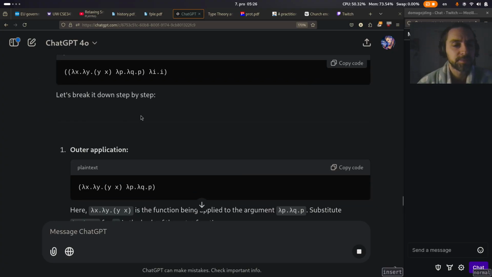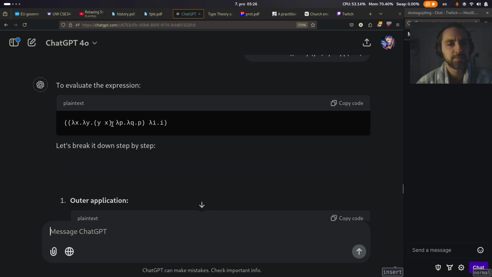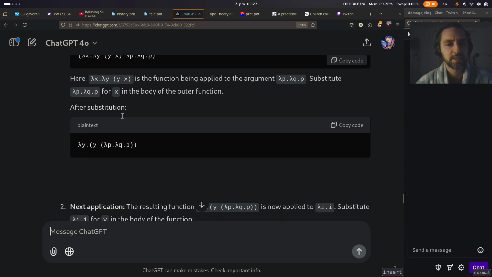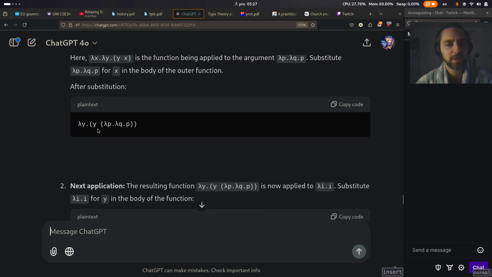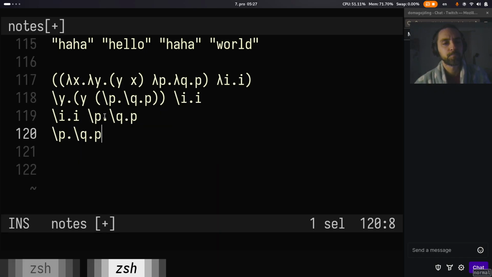Outer application. Is it doing the outer application? Lambda I. This is the outer application, right? Here lambda x dot y is the function being applied to the argument lambda p, lambda q p. Okay, that's clear. Substitute lambda p for x in the body. That's what we did. After substitution, we get lambda y, lambda p, lambda q p. Yes, that's what we got.